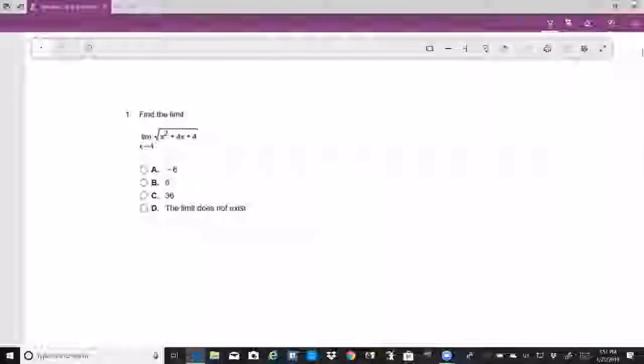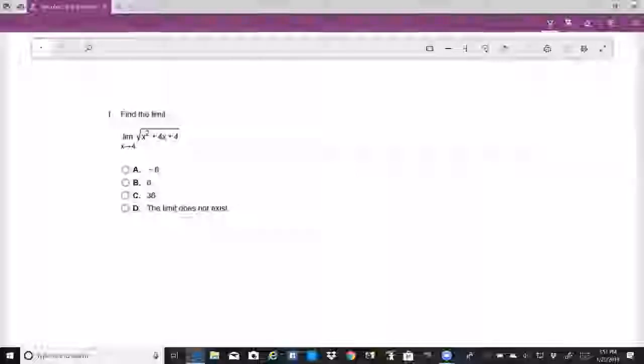The first problem is to find the limit of this function, and as we've said, very often the way to find the limit is just simply to plug in to the expression, and that's the case here. So you probably would always try that, and you would plug in 4.